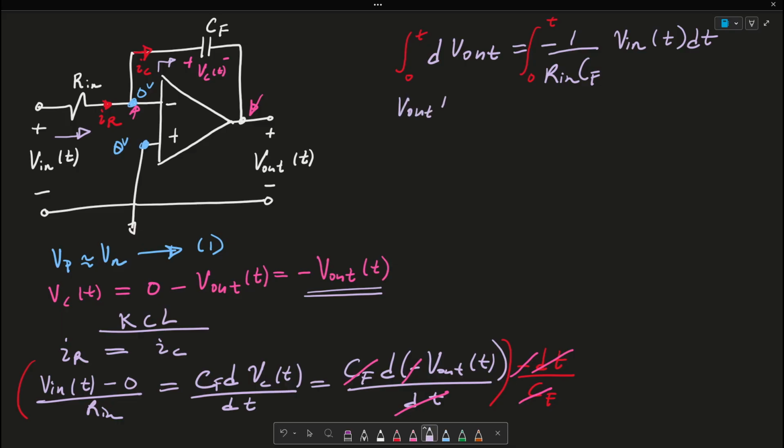So then this becomes V out of t minus V out of 0 has to equal, I'm going to pull out the minus 1 over Rn CF because that's just a constant, and I'm going to integrate from 0 to t, Vn of t dt.